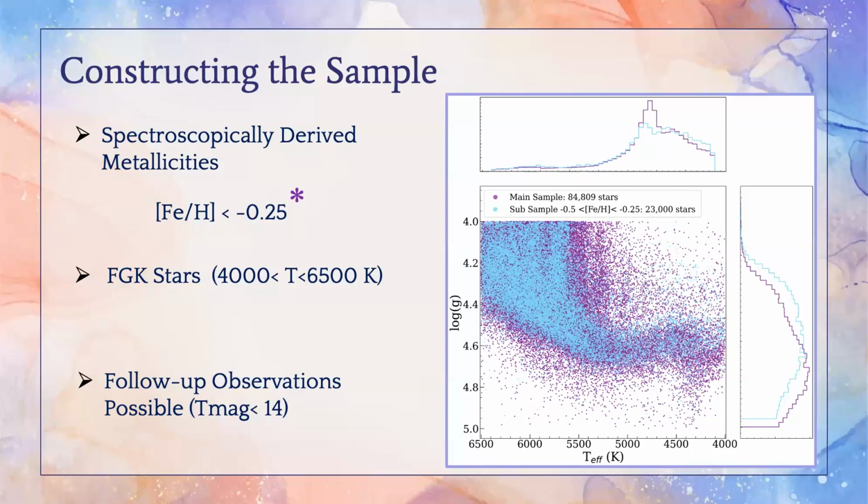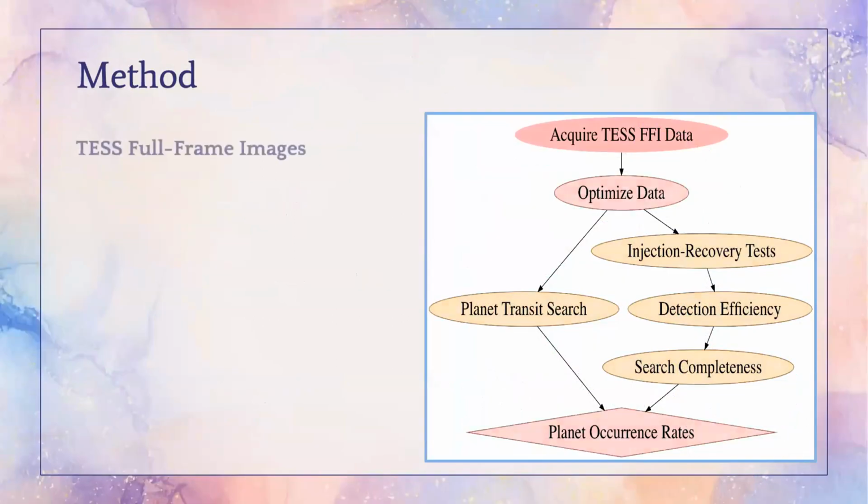So in total, we had around 110,000 stars that we searched for planets in. And of these around 110,000 stars, 23,000 of them were within this regime that we can compare to Kepler and K2 data.